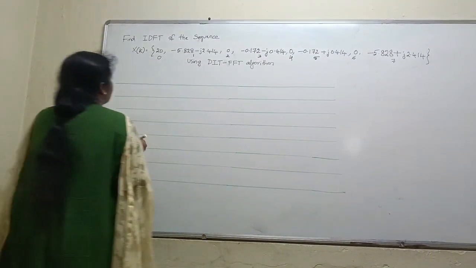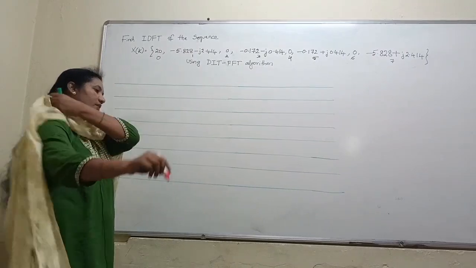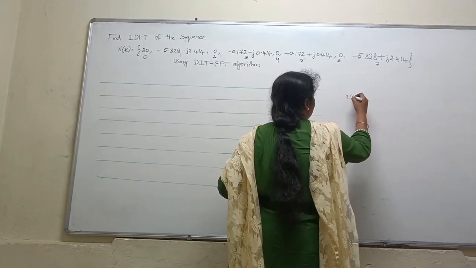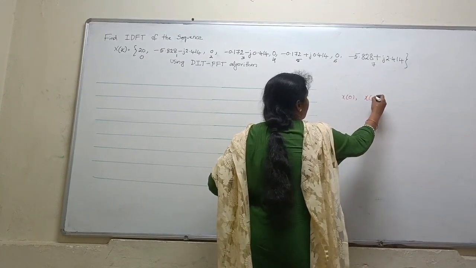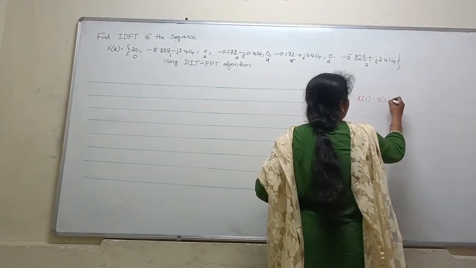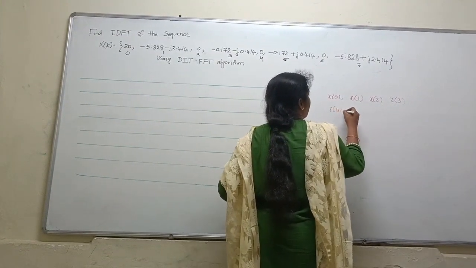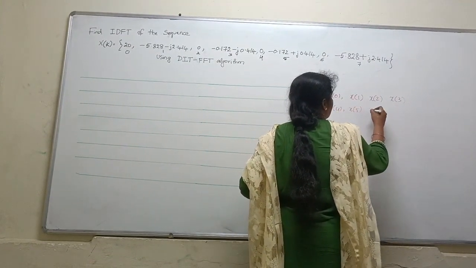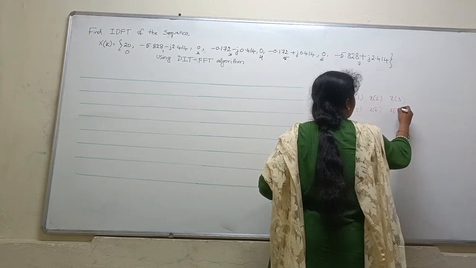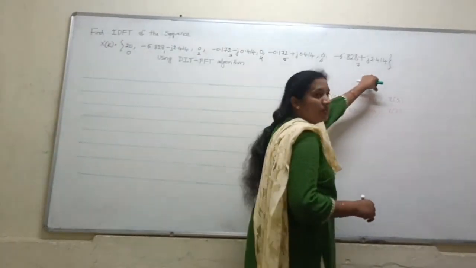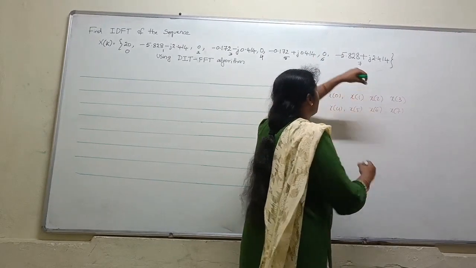Okay. So there are some sequence given here. So here we will write down x of 0, x of 1, x of 2 and x of 3, x of 4, x of 5, x of 6 and x of 7. Out of this now we have to write down the even terms. So what are the even terms here?